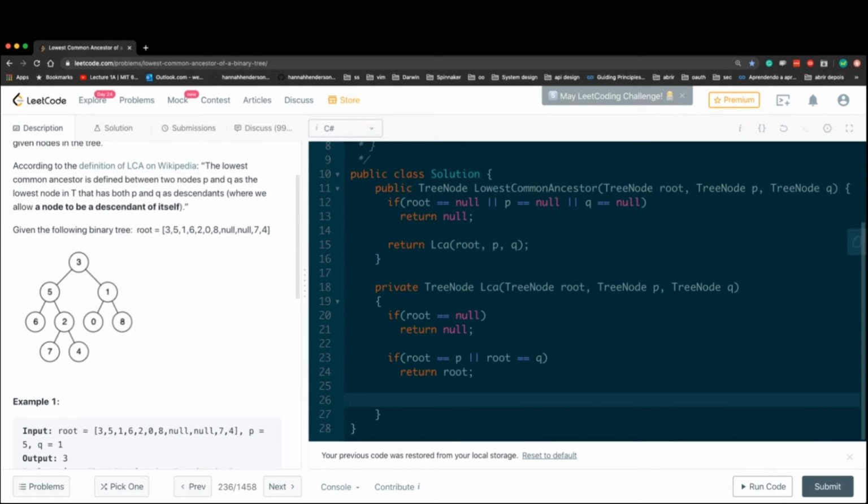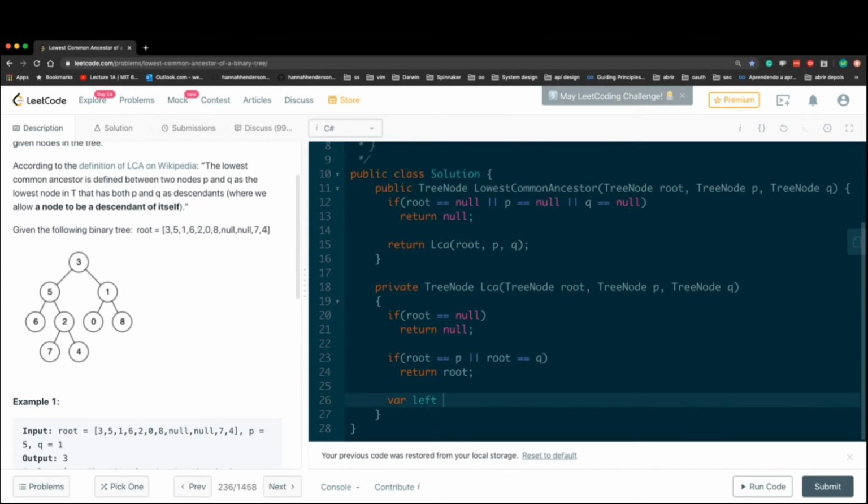And now is the case that 5 is not equals to 5 or 1. So we need to look to the next node in both sides. We need to look to the left side and we need to look to the right side. And now our recursion will start.